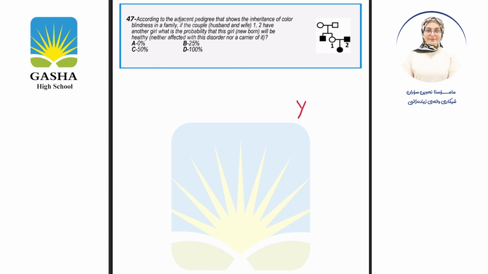It means this trait is linked with the sex chromosome. As you know, girls have XX, so there's no Y. So there's no chance for the girls to have color blindness. As a result, for question 47, A is the most true answer.